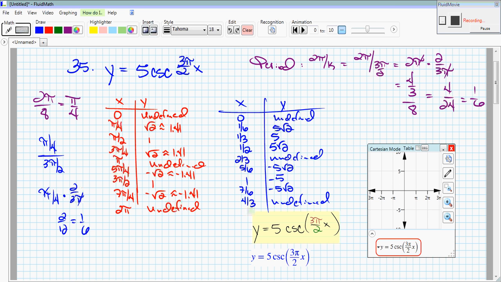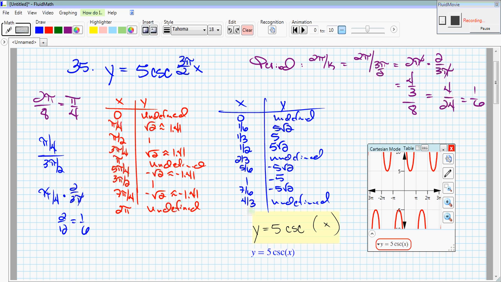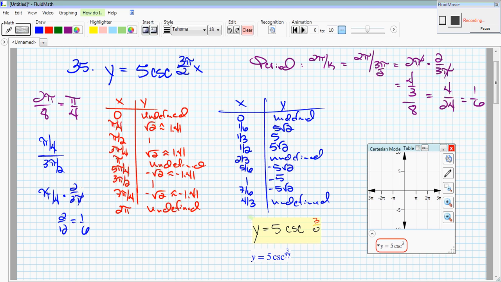Well, that's not even on there. I wonder why. We have 5 times the cosecant of x. Let's try to change this, see if we can get this to graph. This is correct. Now again, if I had access to the calculator at home, that's what I would be doing instead of this.